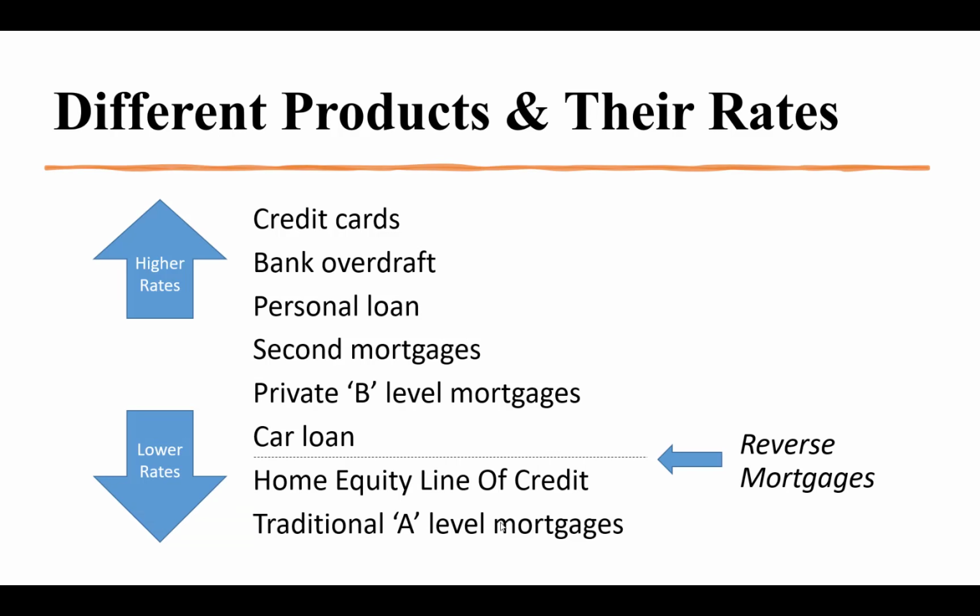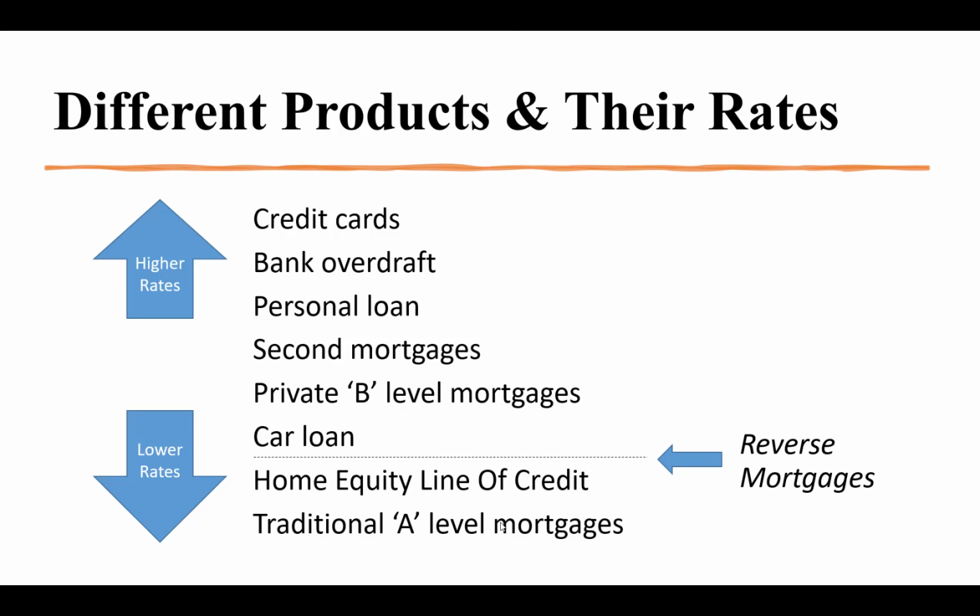So where reverse mortgages fit in is that they are generally pretty close to car loan rates. Right now, they're actually probably a little lower than car loan rates in most places, but usually right about there. And really, the only two ways of borrowing money that exist in Canada that have a lower rate than a reverse mortgage is home equity line of credit and an A-level mortgage.